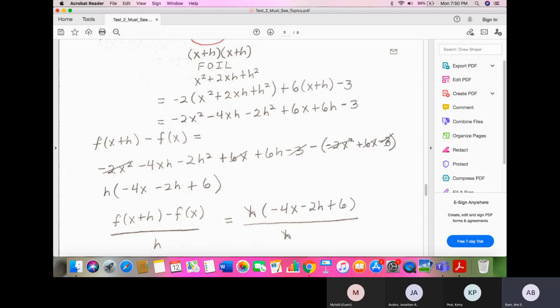It's not contributing. Then we have minus 6x. We've got a plus 6x here. That's going to sum to 0, so we cancel those. Then we have a minus times a minus, which is a plus 2x squared. We've got a minus 2x squared over here. So those cancel because we get 0. And 0 plus what's left is what's left.